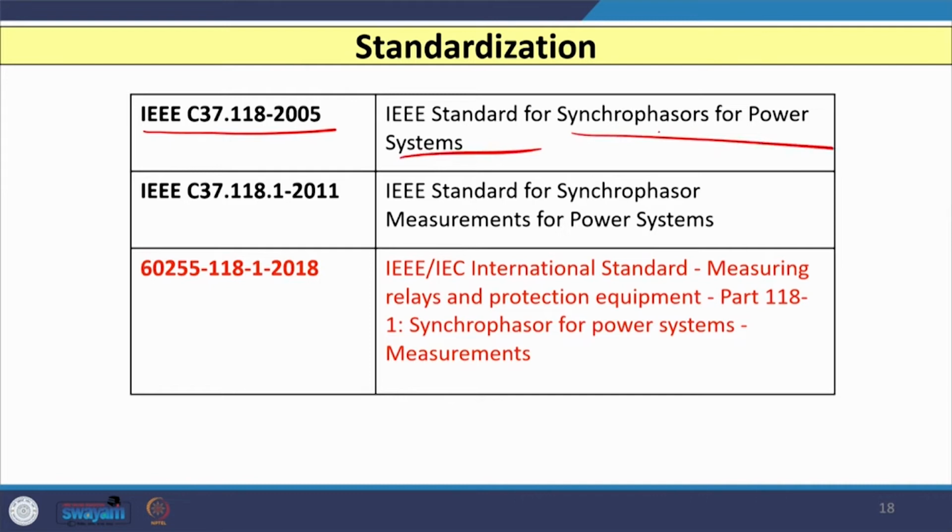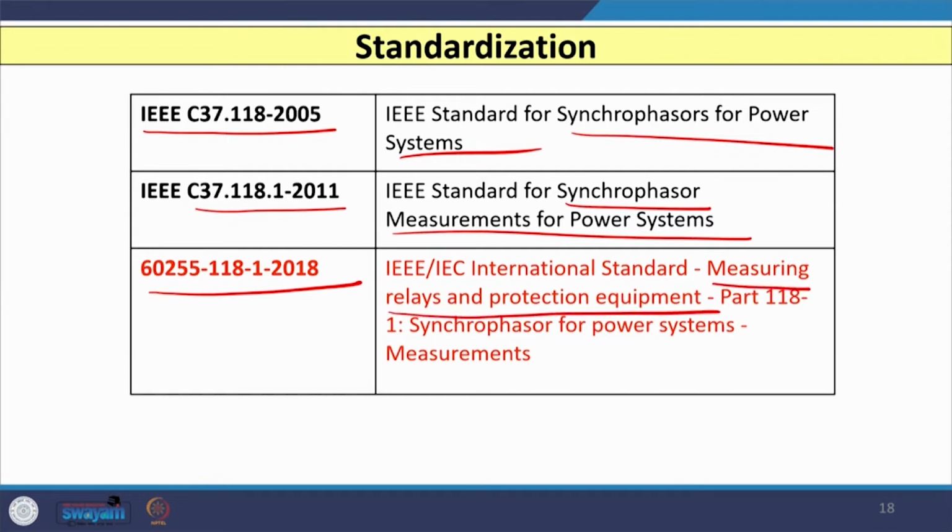This standard was amended by IEEE in the form of C37.118.1 in 2011, and the name of this standard is again synchrophasor measurements for power systems, and it was again amended in 2018 in the form of 60255-118.1, and the name for this standard is measuring relays and protection equipment part 118.1, that is for synchrophasors for power systems and for measurement purposes.